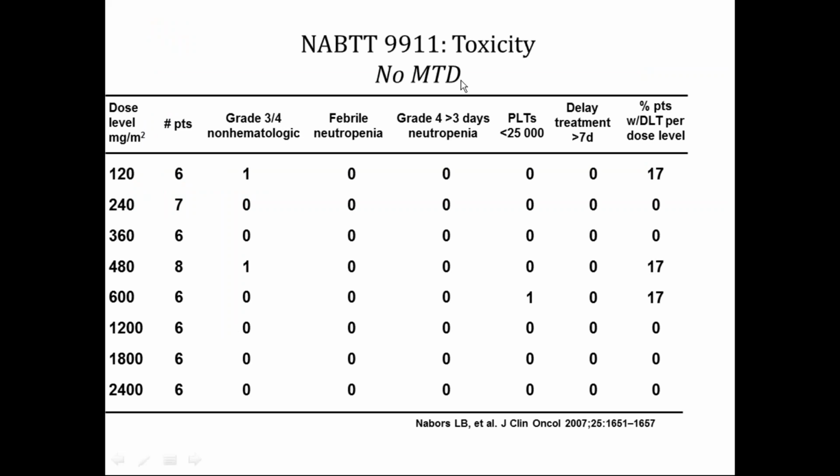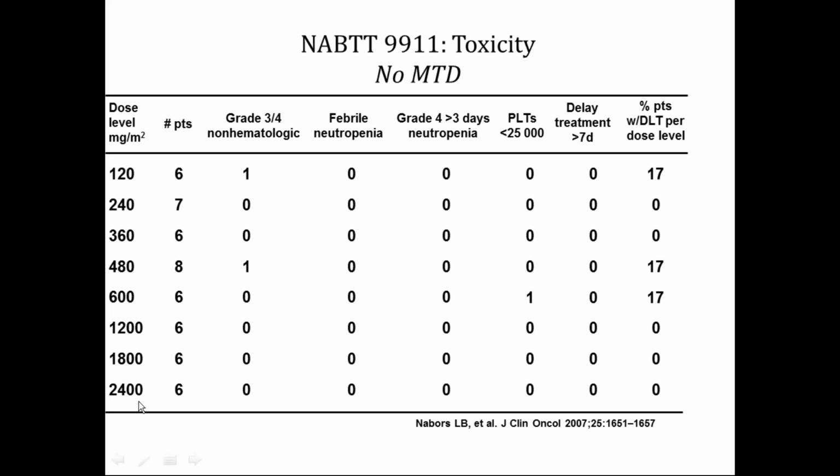So if we just look at our toxicity data, we were trying to define the maximum tolerated dose. So we started at this dose, we put 6 patients, and then we collected information related to toxicity, and then we would escalate. And so you can see really there was very little in the form of toxicity from 120 milligrams per meter squared to 2,400.